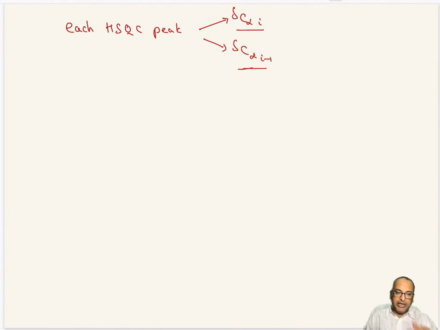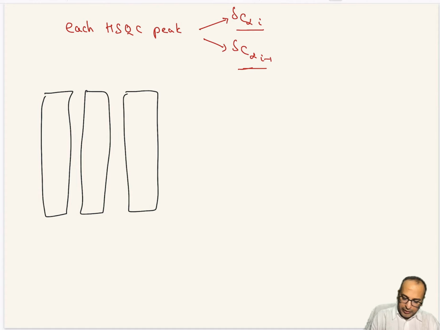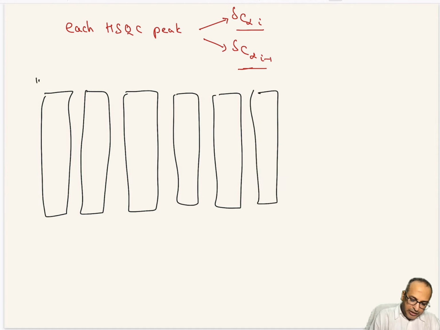If there is any confusion, we can of course discuss during the interaction session and have it more clear. But what you typically do is you make strips like this. Each strip is at a different 15N delta N value.